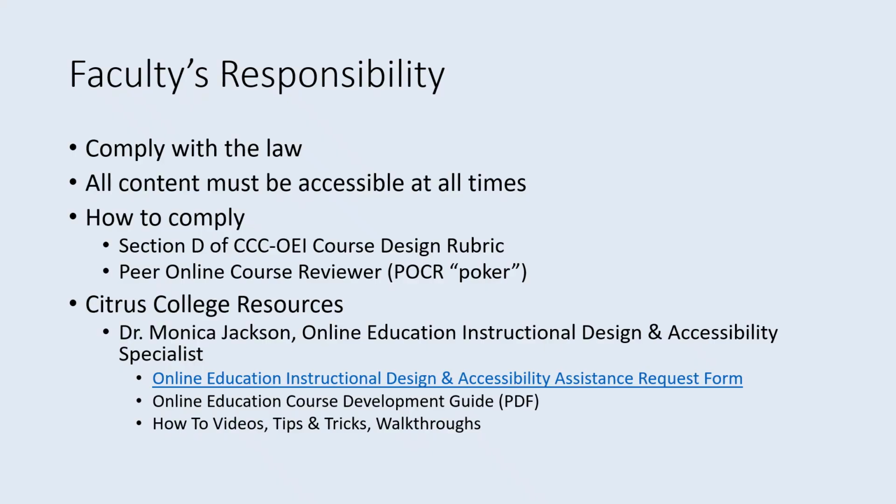To comply, faculty should refer to Section D of the CCC OEI Course Design Rubric, which stands for California Community College Online Education Initiative. When courses are reviewed by a lead or peer online course reviewer, or POCR for short, the rubric is used during the course evaluation process.